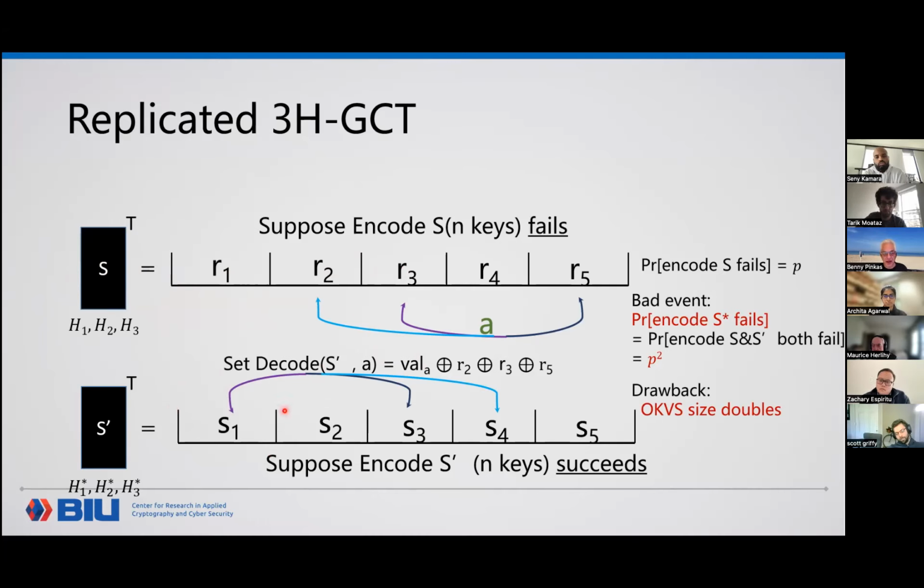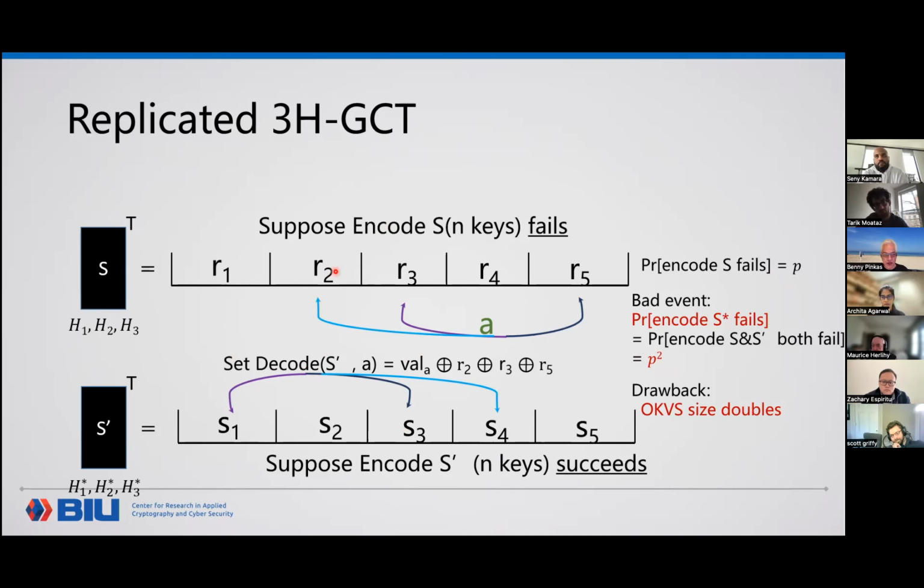Failing for the entire structure will only happen if hashing fails for the first table and for the second table. If failing for one table happens with probability P, failing for both happens with probability P squared. So I get this amplification. If P is 2 to the minus 15, failing for both is something like 2 to the minus 30, which is better.